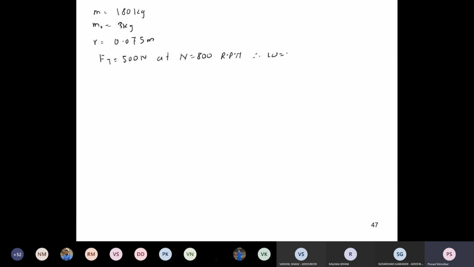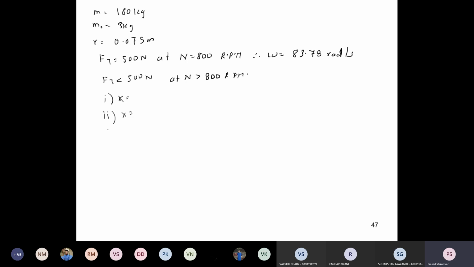Therefore, forcing frequency omega in radians per second is 83.78 radians per second, and Ft should be less than 500 newton. That is what the statement means at N greater than 800 rpm. You have to find stiffness K and the steady state amplitude X.